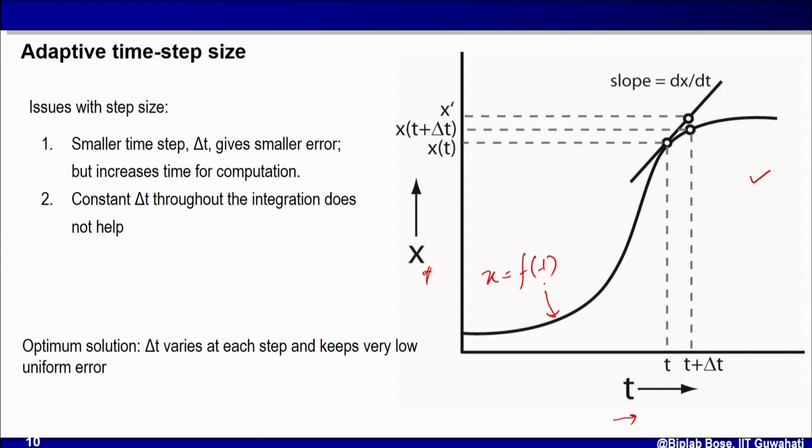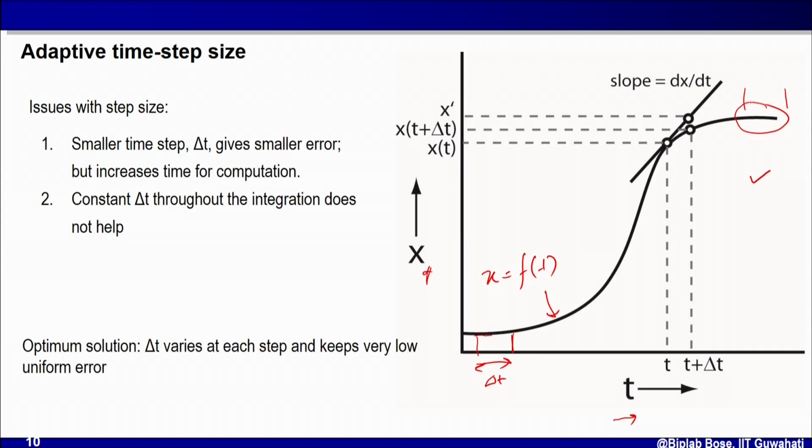Now, as you can see, in the lower part, when time is less, you can intuitively understand, if I take a large delta t, my error will not be so significant because the line is almost flat, almost linear. The similar thing at the end.